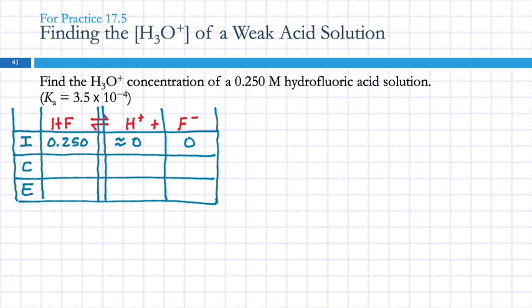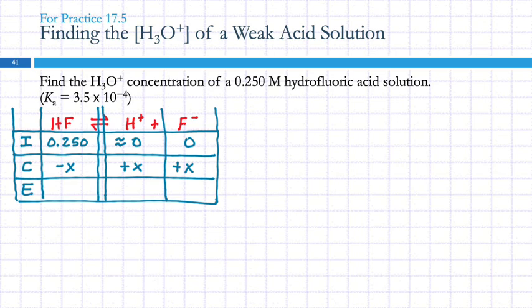So now we look at the changes. Both concentrations are 0, so the only direction this equilibrium can go is to the right. So we're going to gain x for H plus, and we're going to gain x for F minus, and HF is going to lose x.